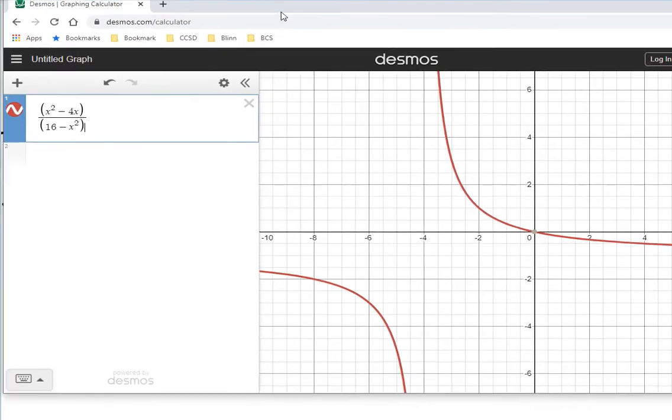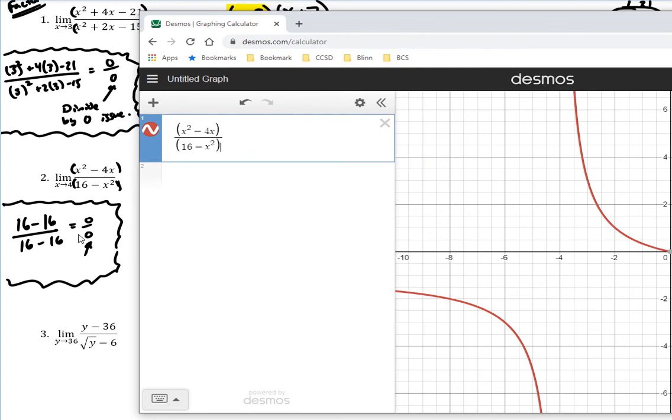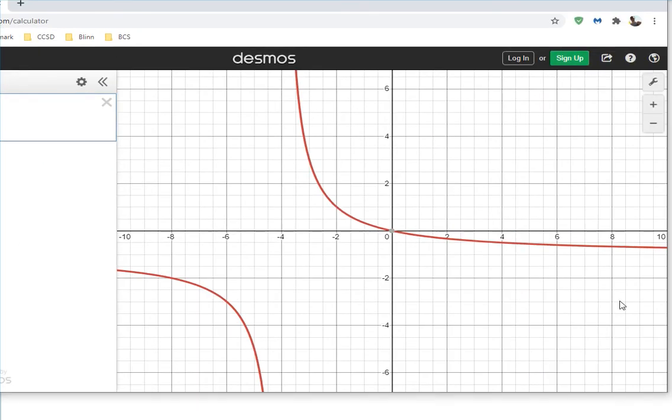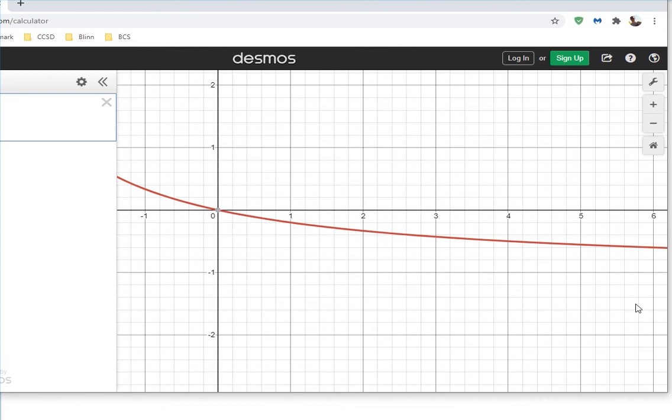And then that way we can see the function that's graphed. And what I want to do is look at it when x is 4. So when x is 4, notice it says it's undefined. That's okay. But look at the values that are right next to it. So -0.49, -0.5. So both of those are looking like it's at -0.5.